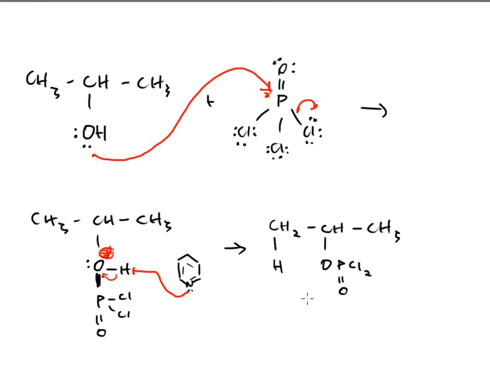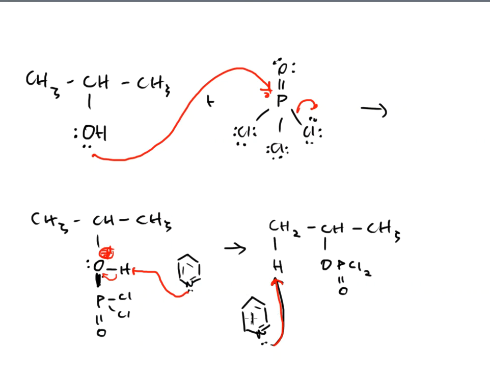Well, pyridine's a solvent, which means that there's tons of it. And there's going to be some more pyridine in solution. So that nitrogen's got a free pair of electrons, and away we go. Another pyridine's going to zoom back into the molecule, and it's going to see that hydrogen now, not the one on the O, but this hydrogen. And it's going to go, yum, yum, yum, I like that one. So another mechanism step takes place, but it all happens at once here.